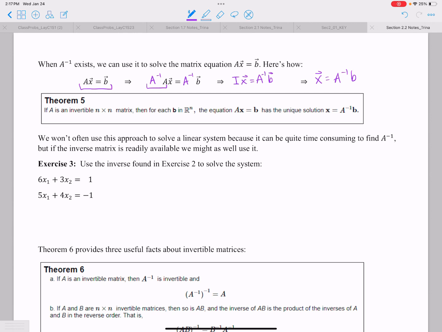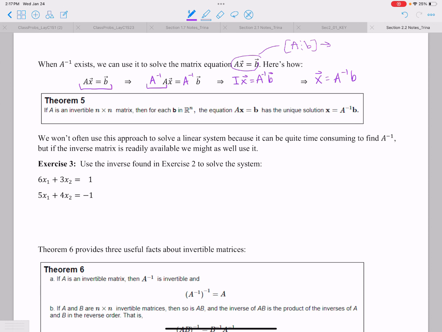Just to point out, the way we have solved this before is to augment A and B and row reduce, and that solves for x. So this is a second way to solve for x. In general, this is not the usual way you would solve for x, for a variety of reasons.